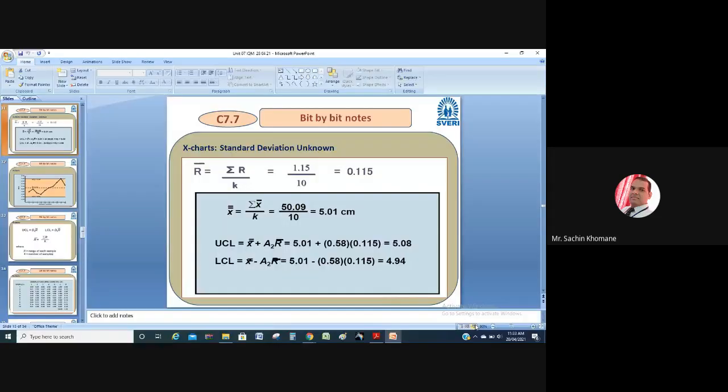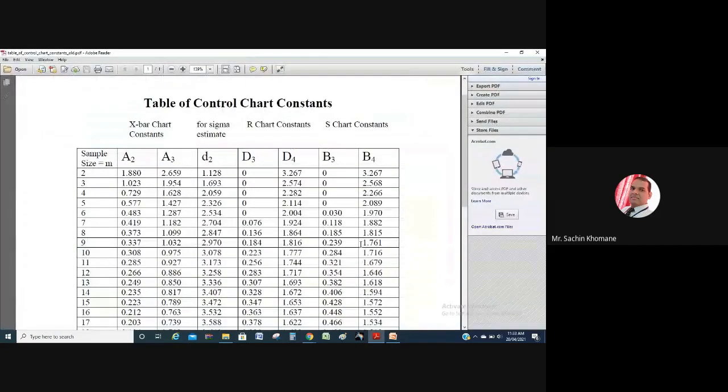Let me switch and show you one chart. Is this PDF file visible to all of you? So friends, there are certain constants of the control chart, and they are tabulated.